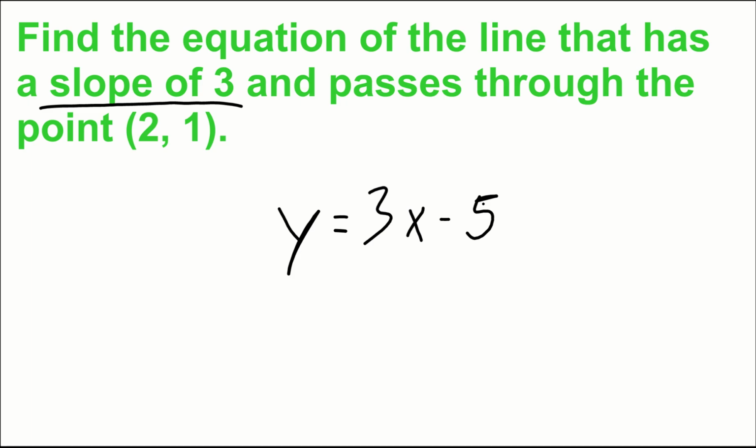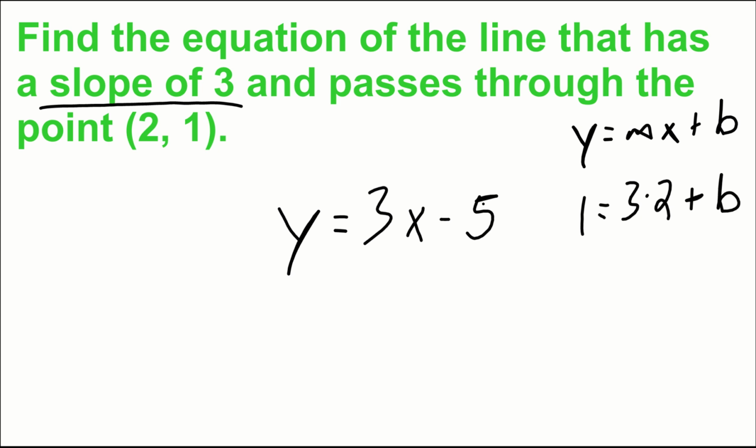Now we got to find the y-intercept, though. So when we plug it in, we got y equals mx plus b. My y value from that point is 1. My slope is 3. X value from that ordered pair is 2. And we're trying to find b. So we got 1 equals, that's 6, plus b.